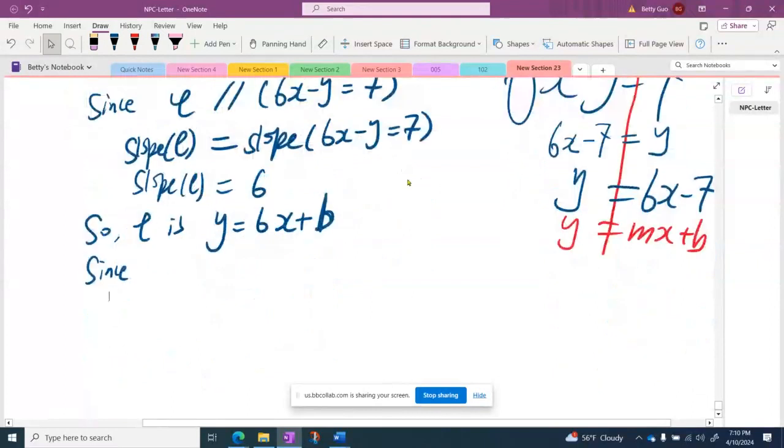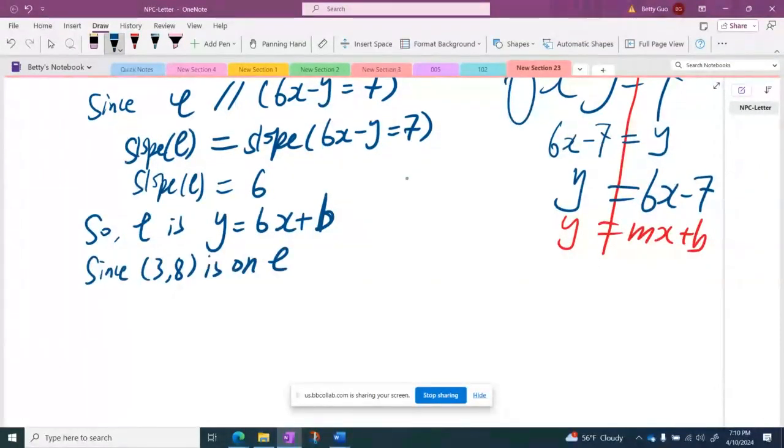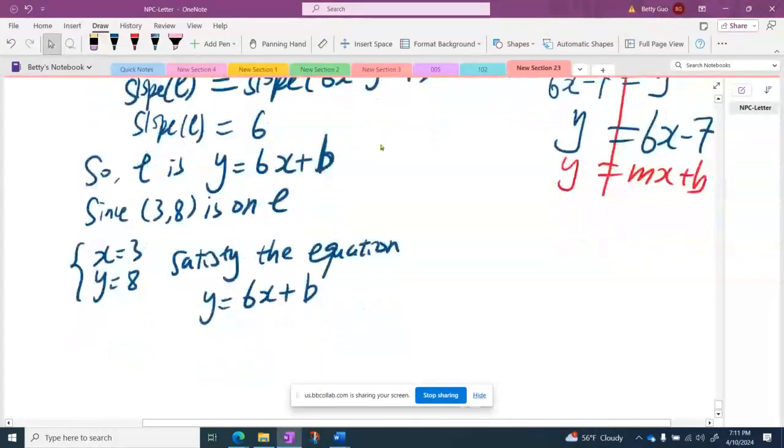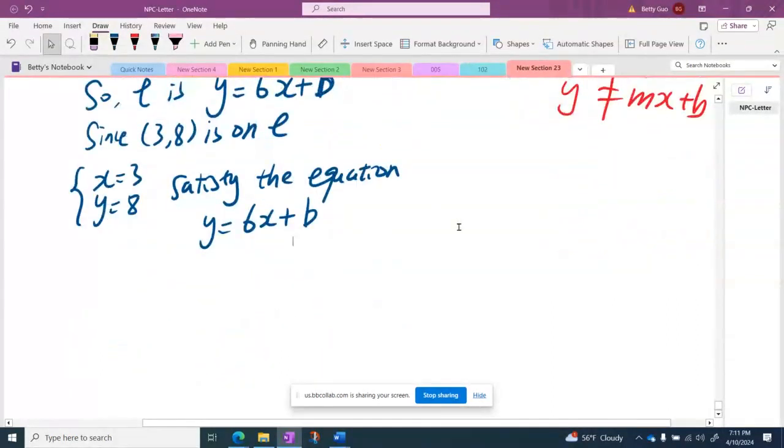Now since (3, 8) is on L, x equals 3, y equals 8 is going to satisfy the equation y equals 6x plus b. Be careful, do not confuse the 6 and the b with one another.